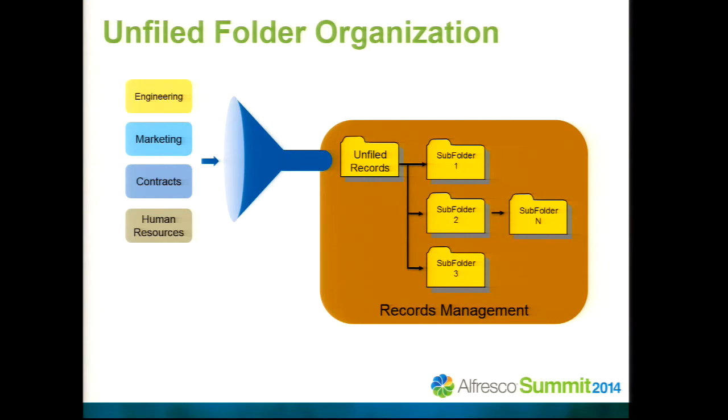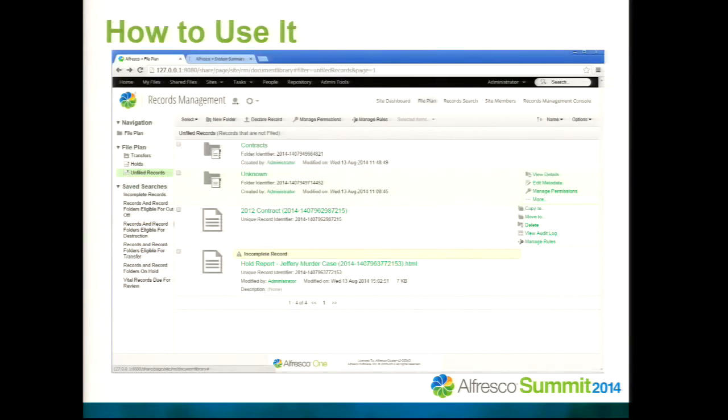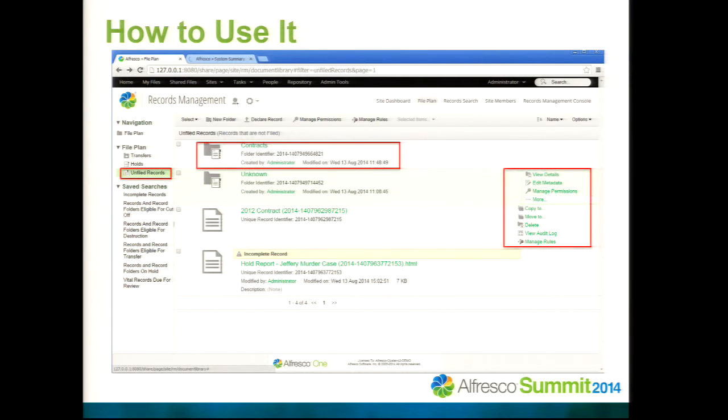So that's what that looks like inside of the records management system. You can see in the whole directory there, now you can put a folder in there. And the folder can have several different operations on it. You can manage permissions on a particular folder if you need to, and you can also get its own audit log as well as set up its own rules.